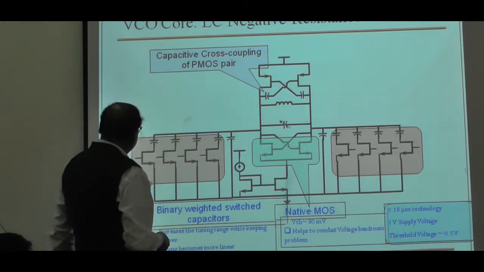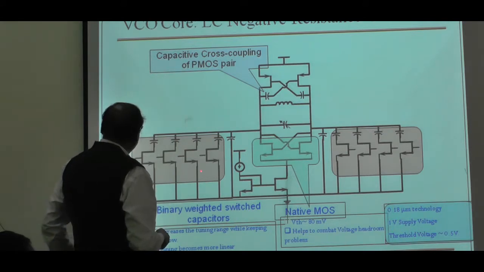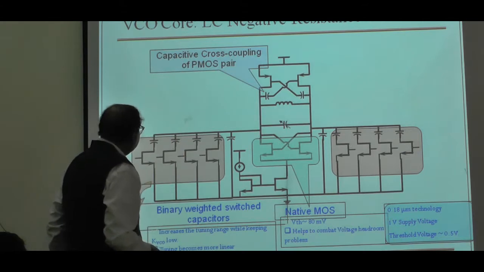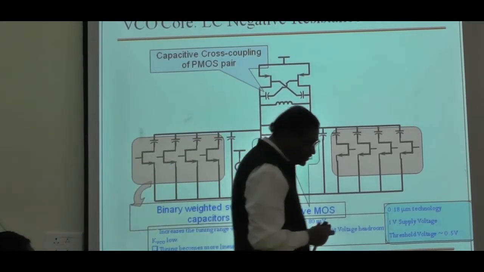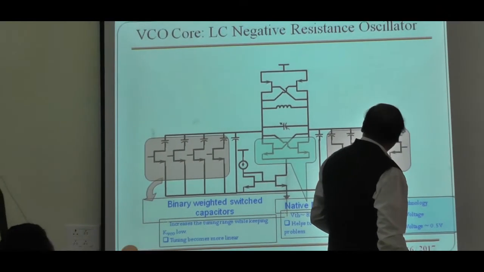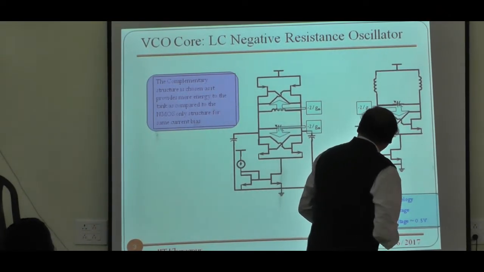And you know that this MOS varactor can be weighted with some kind of a switch, and this can be done by a 4-bit. So this is how you can make a fine tuning of your VCO using this part.